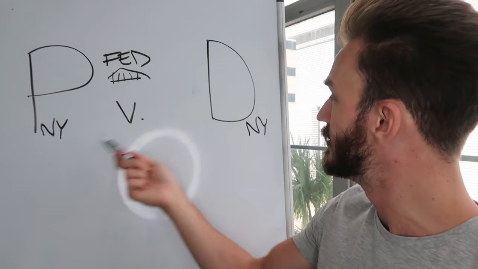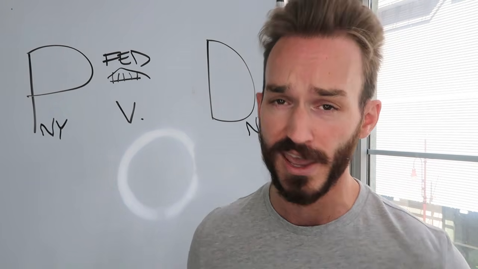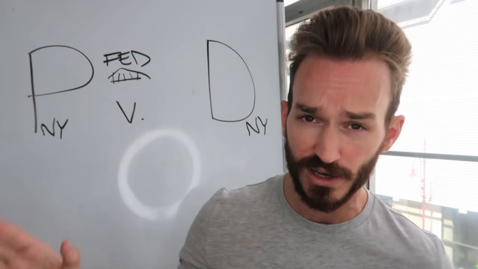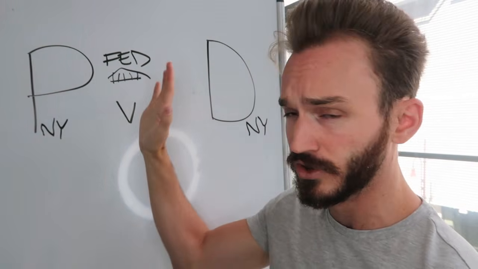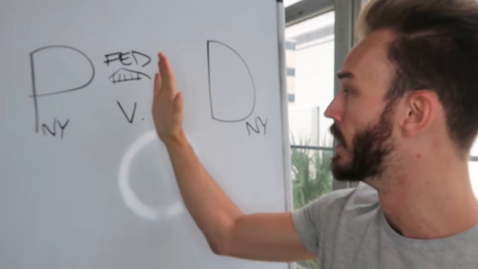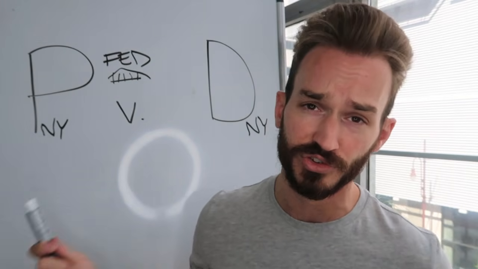But because the plaintiff and the defendant are both citizens of New York, we know diversity jurisdiction is off the table. If you think back to my last video, for complete diversity to be present, every citizenship on the plaintiff side of the case has to be different than every citizenship on the defendant side of the case. Here, that's not the case, so diversity jurisdiction is out.